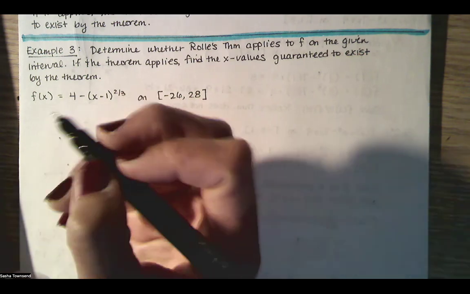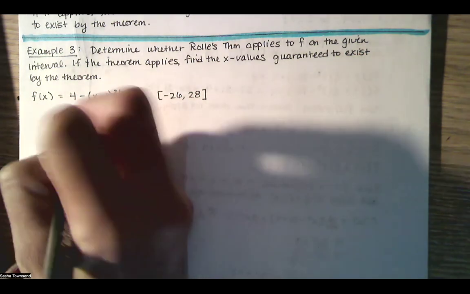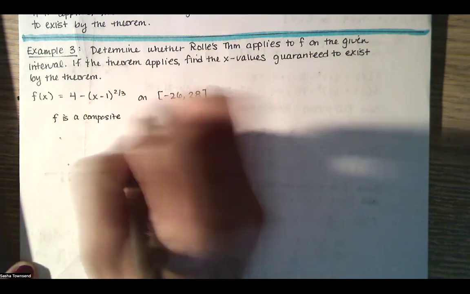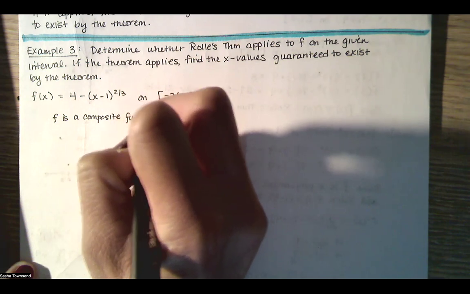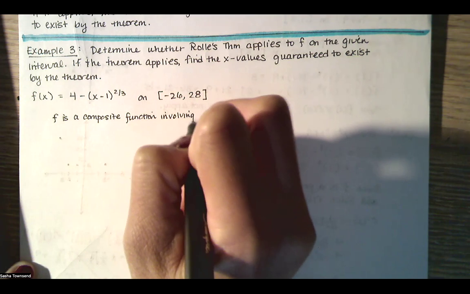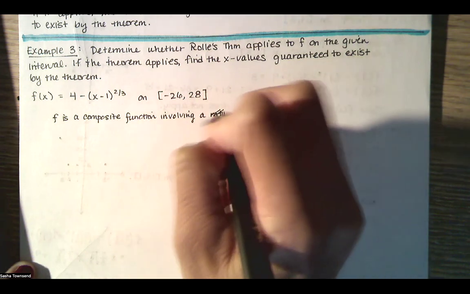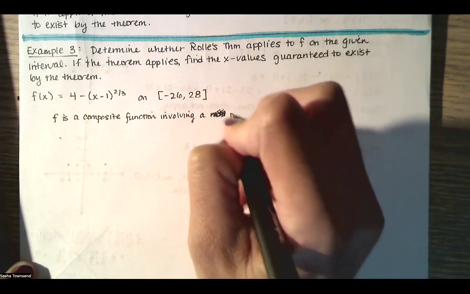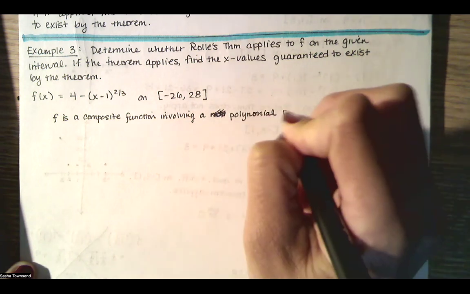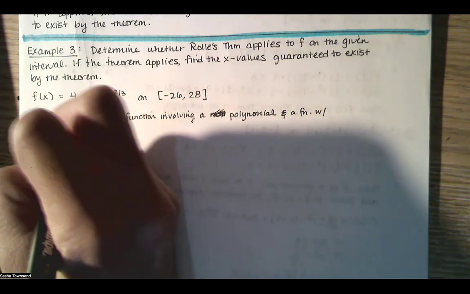Okay, so let's state it. We said f is a composite function involving a polynomial and a function with rational exponents.